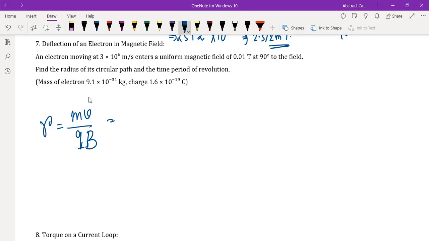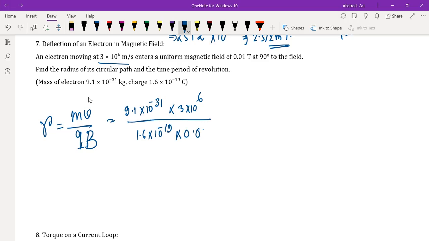So here m is given, the mass of electron 9.1 into 10 to the power minus 31 kg. Velocity is 3 into 10 to the power 6, by charge q 1.6 into 10 to the power minus 19, and the magnetic field is 0.01 Tesla.